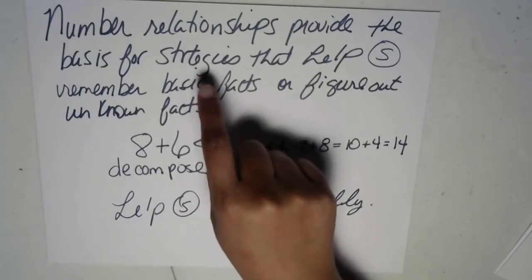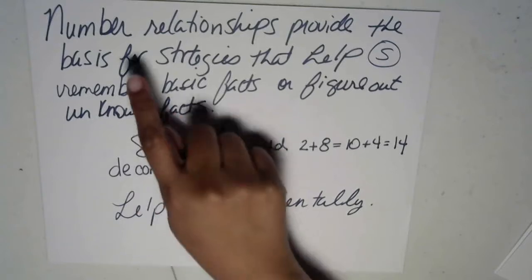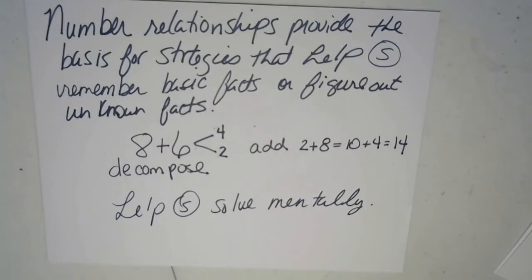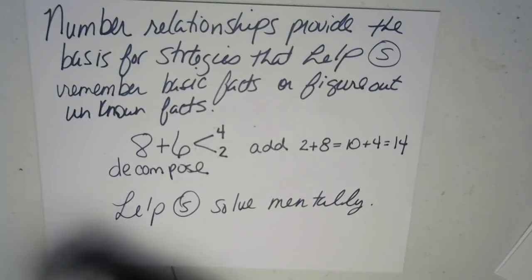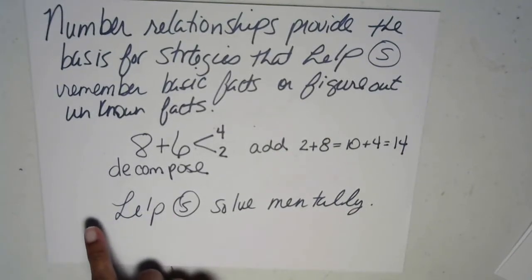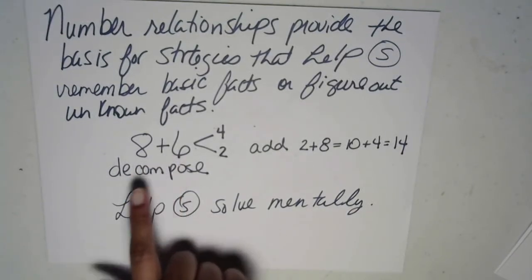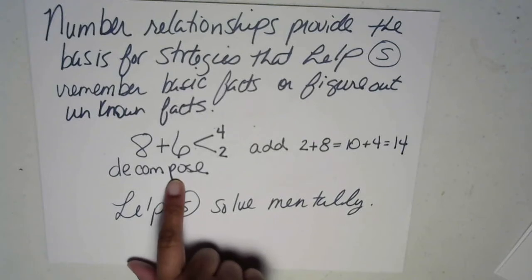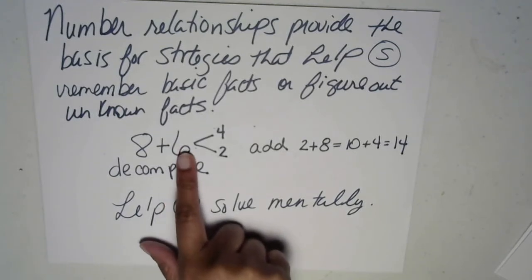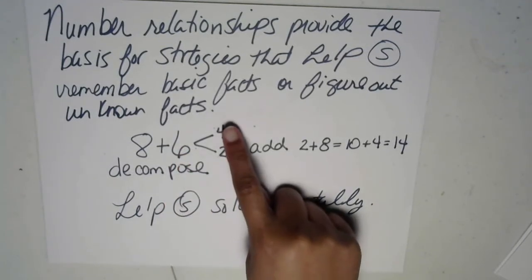Well, we've been talking a lot about building 10. Number relationships provide the basis for strategies that help students remember basic facts or figure out unknown facts. It's also easier for them to do mental math when they can build 10s. So in the problem 8 plus 6, we want to see a student decompose that, take the smaller number, and divide that into parts.